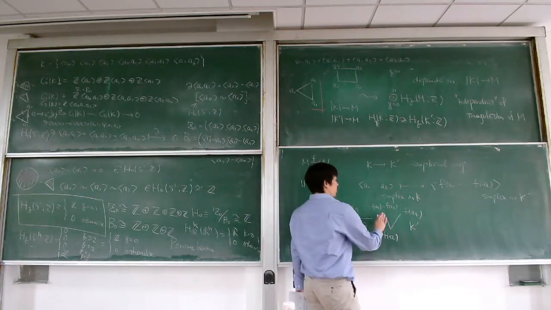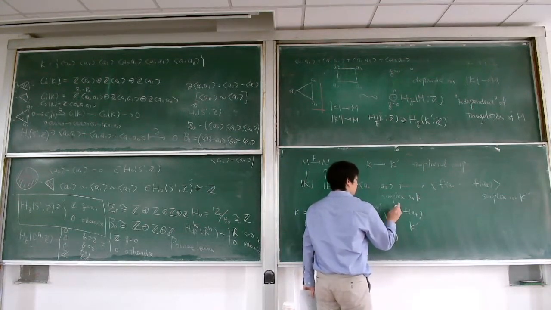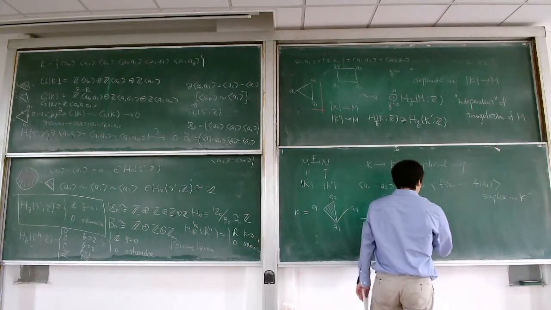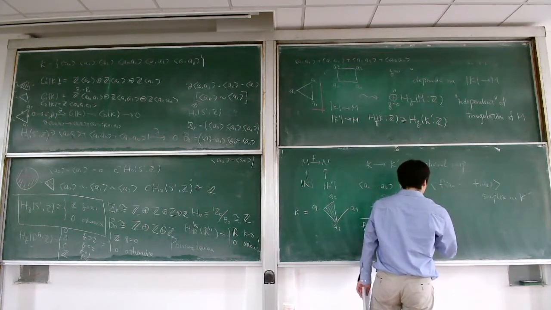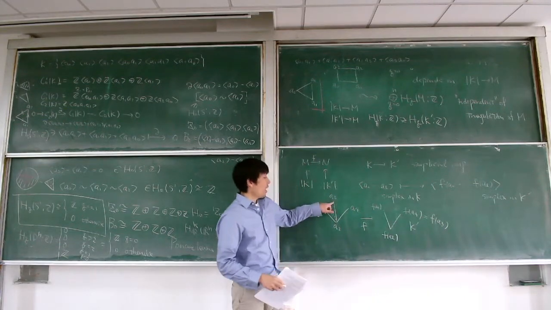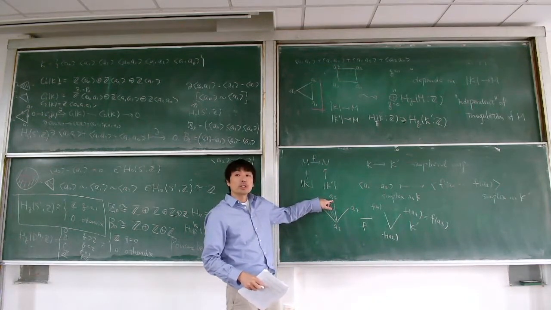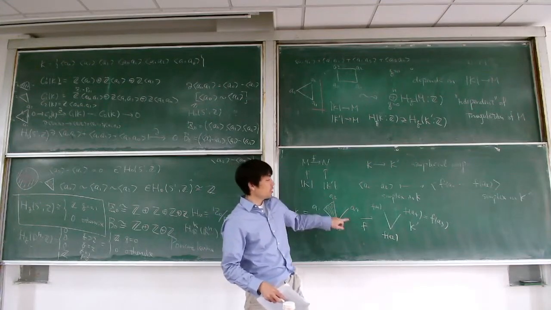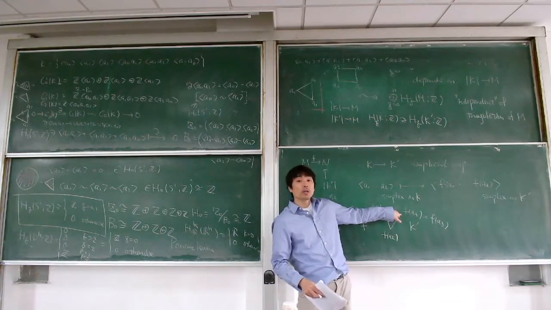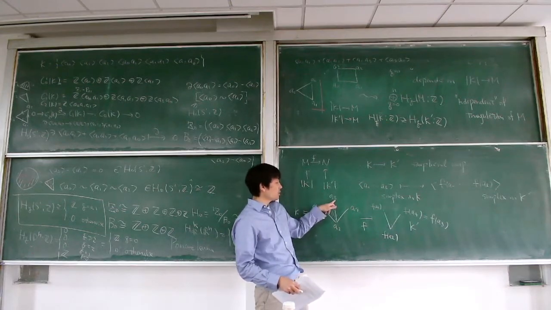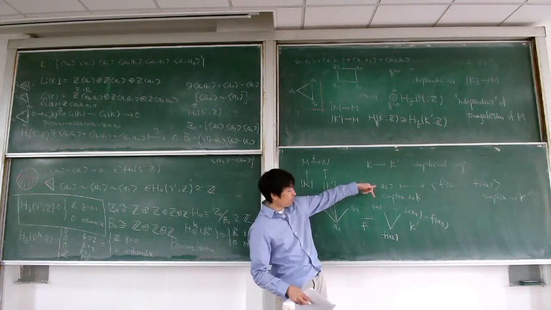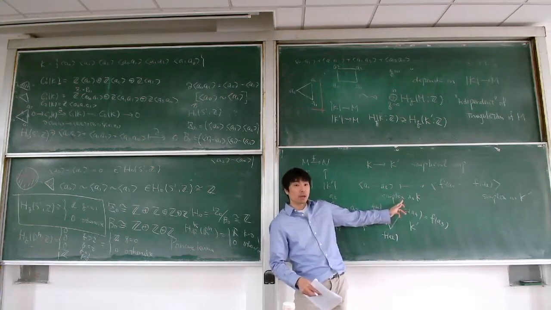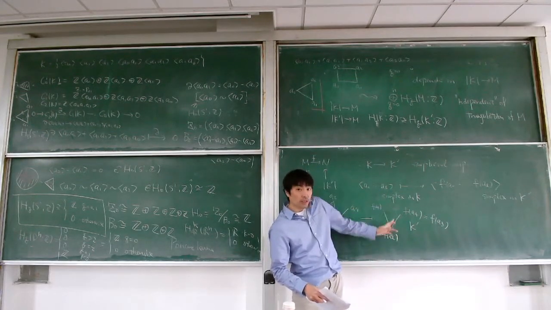However, if you identify A3, you can consider a map where A3 is mapped to here. Then this entire two-simplex is mapped to these two simplices, this one and this one.